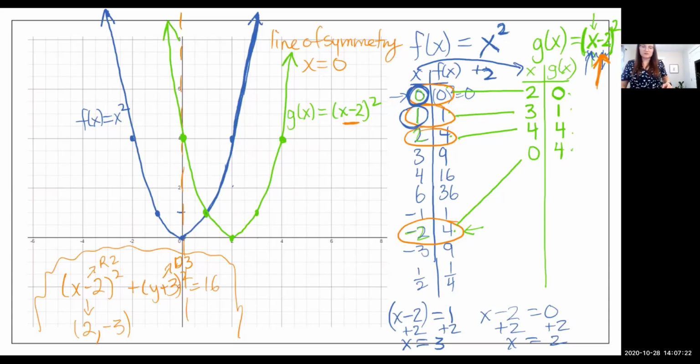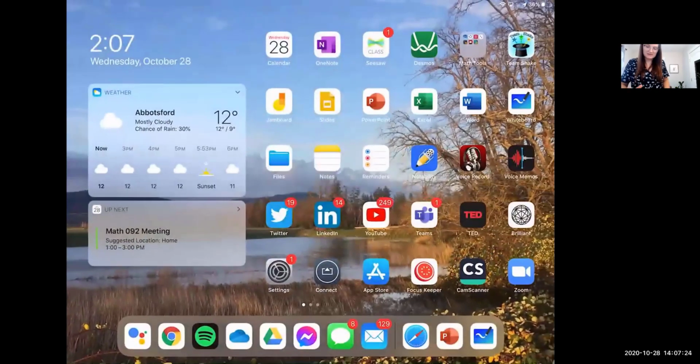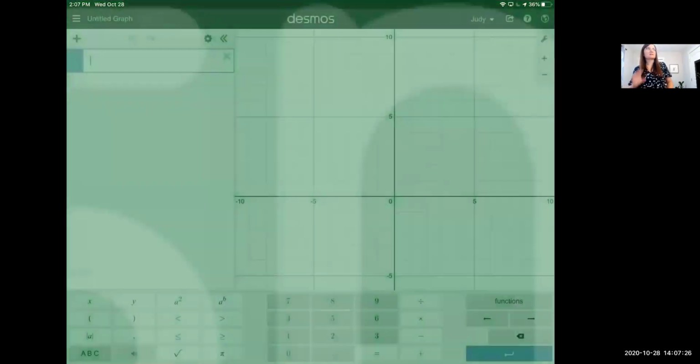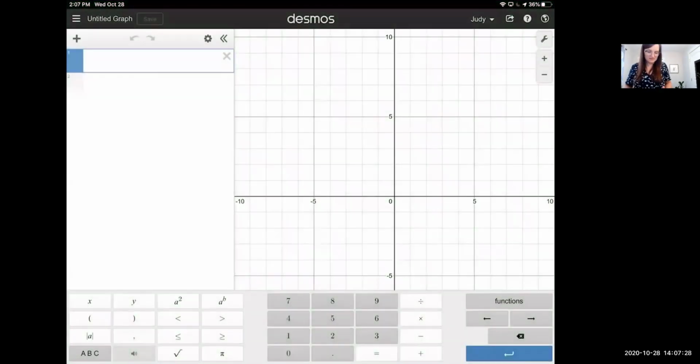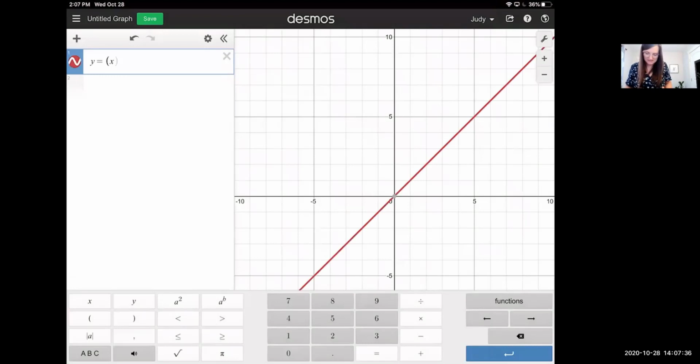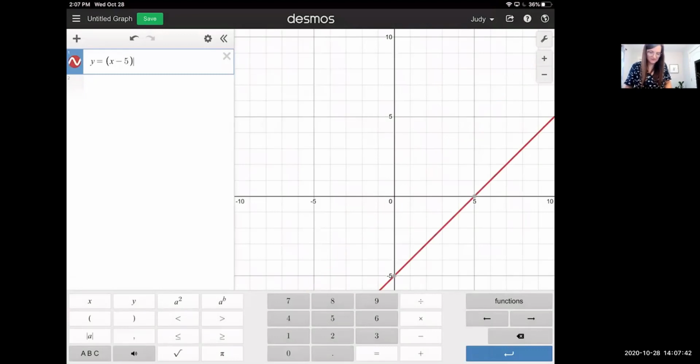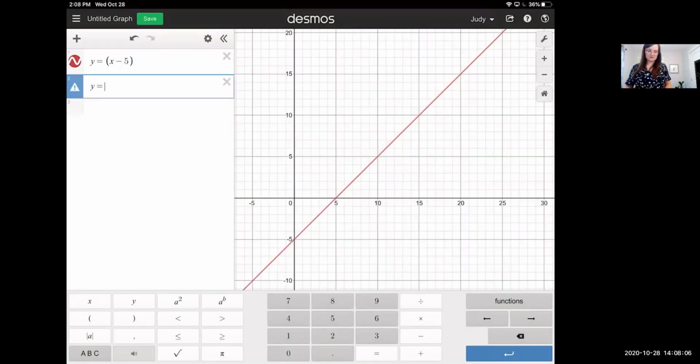So let's just pause that and go to Desmos and try that conjecture out. So we'll try a different function, well, we know what x squared is. So let's just try, what if I type in x minus 5 squared? What's that going to give me once I click that? There's my original.